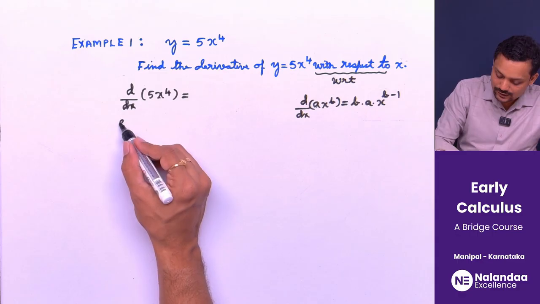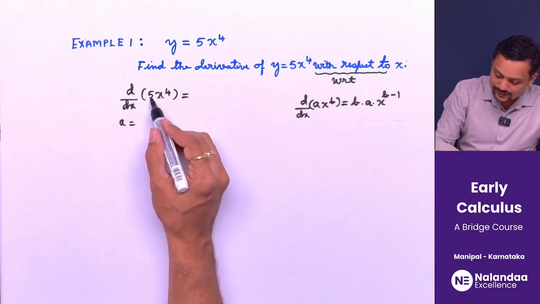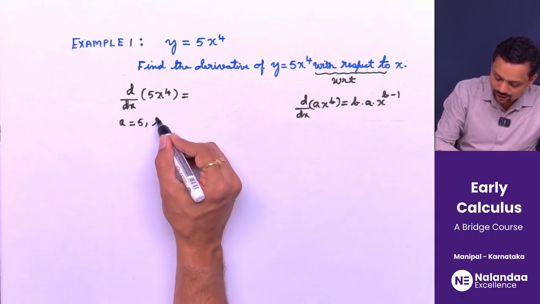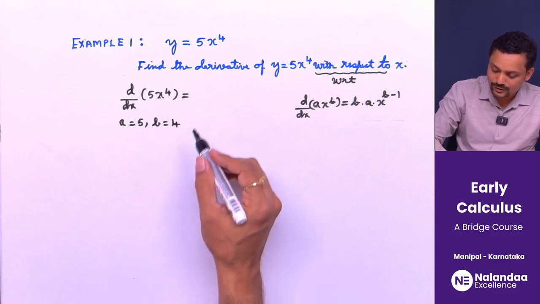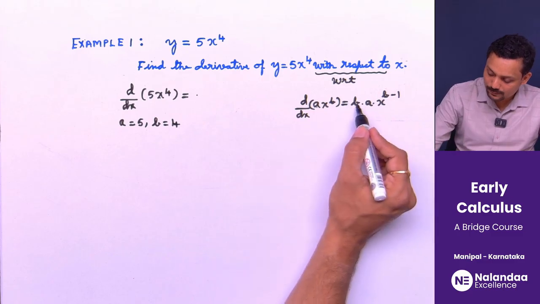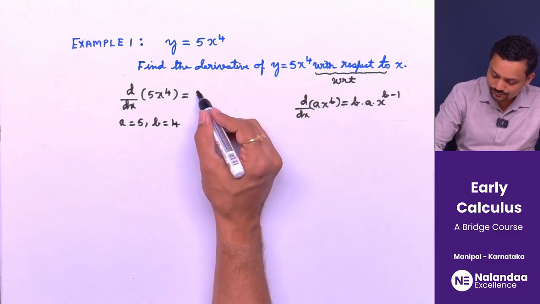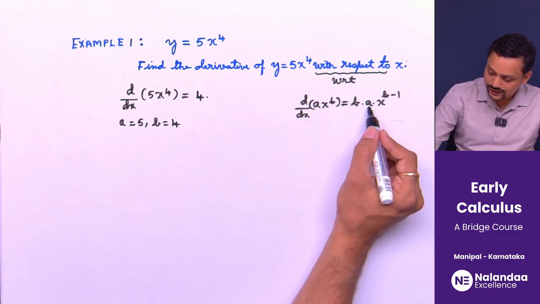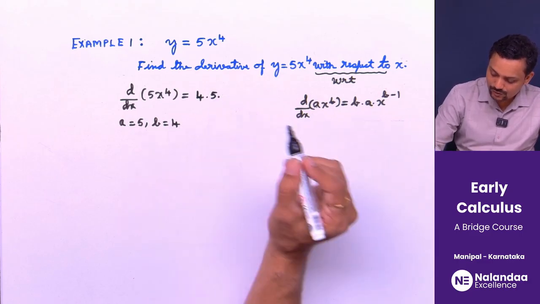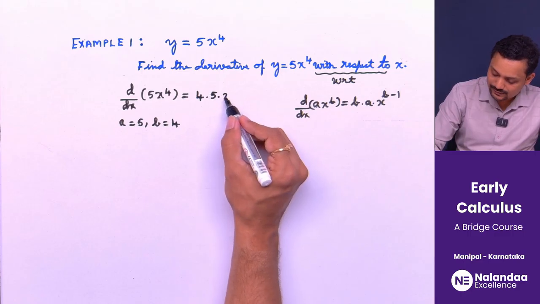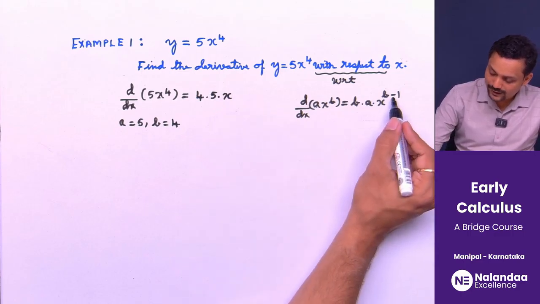And now here the value of a is 5, the value of b is 4. So if you substitute here, first we have to write b, that is 4, into, then we have to write a, that is 5, into x power b minus 1.